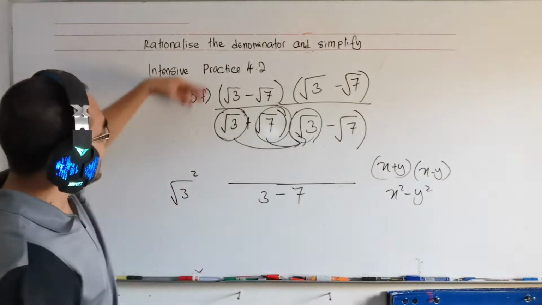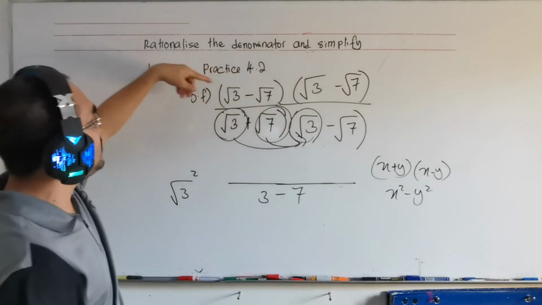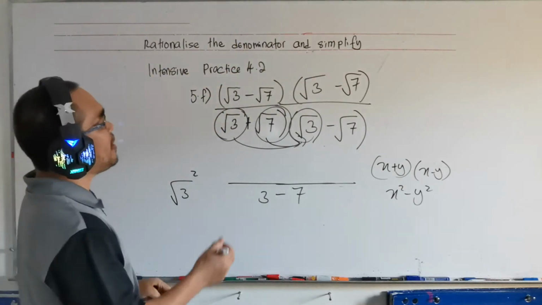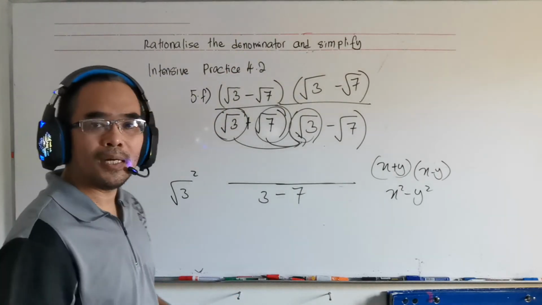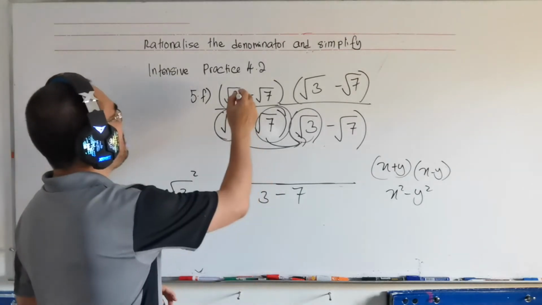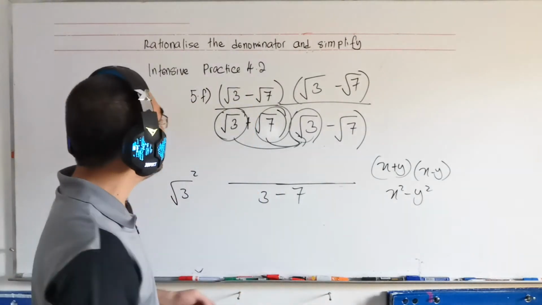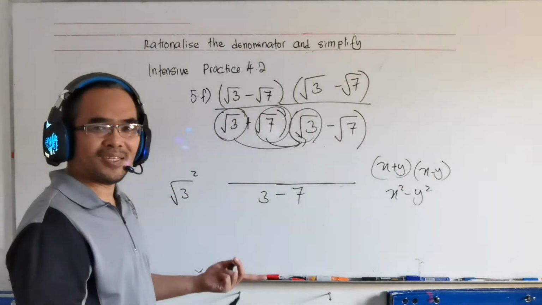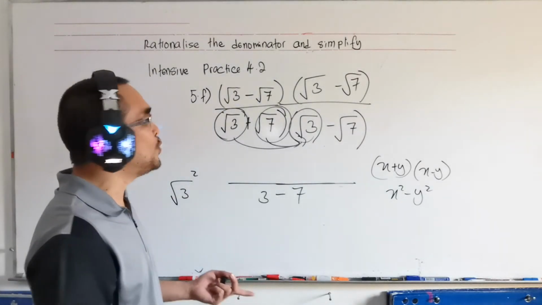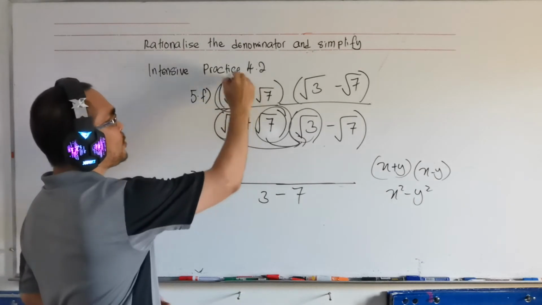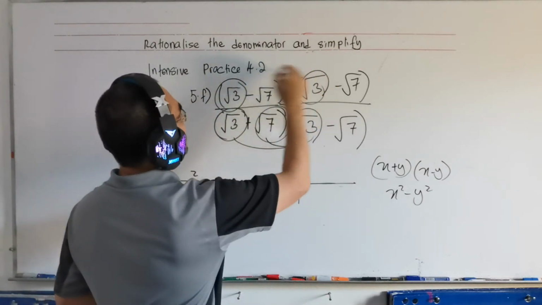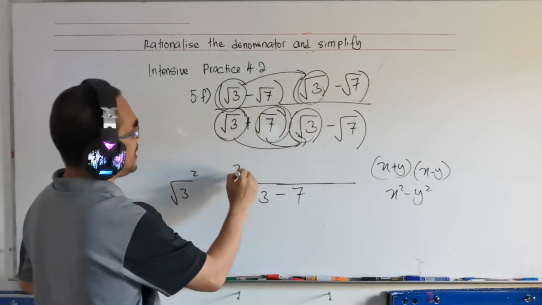Okay, so let's see our numerator. This one, because there's no pattern. Actually, we have a pattern, but I don't want to burden you with so many things to remember. So just do like what Form 2 is doing. You multiply square root of 3 times square root of 3, you have 3.